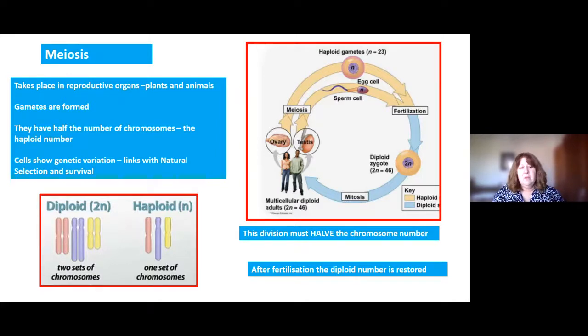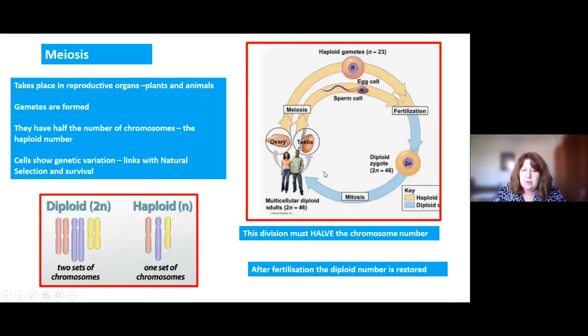I thought I'd just remind you that diploid cells have 2 sets of chromosomes, whereas haploid have just 1. And even though there are 2 divisions in meiosis, this process will halve the chromosome number, as you can see from the diagram I've shown you, so that after fertilization, where two haploid gametes fuse, the chromosome number is restored.